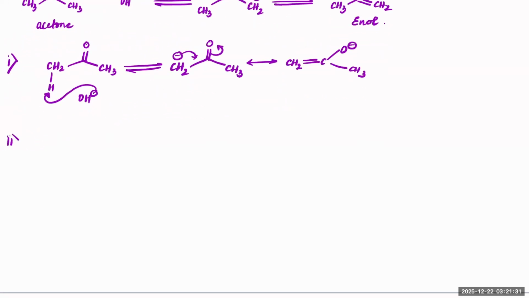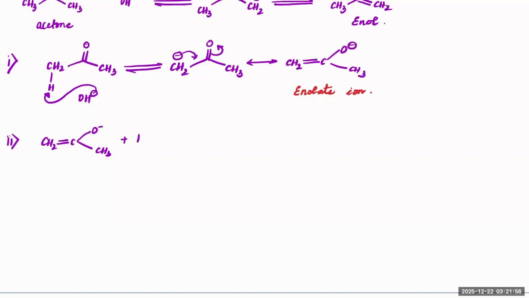So step 2 is all about CH2 double bond C, O minus and CH3. Please notice one thing. This type of structure is called an enolate ion. So this is the enolate ion.